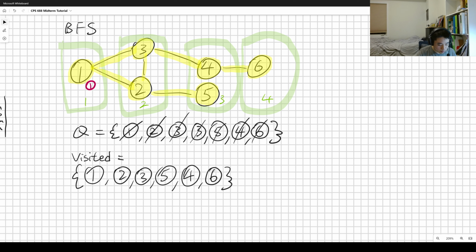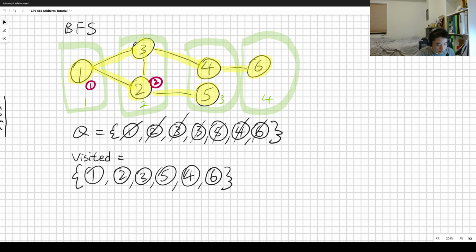Okay. So we picked out number 2 because that is what's next in the queue. And we're going to mark it as visited by marking the pink number 2 as the position in the visiting order. So number 2 is the second to be visited.